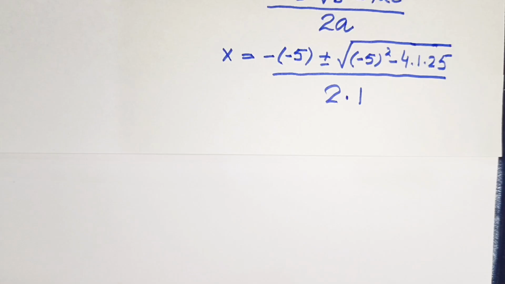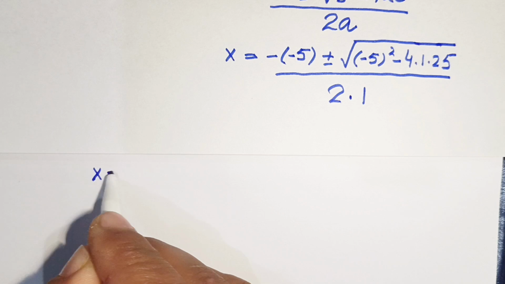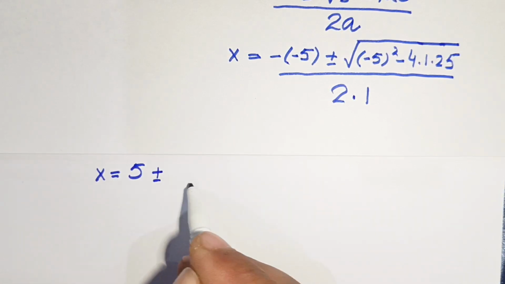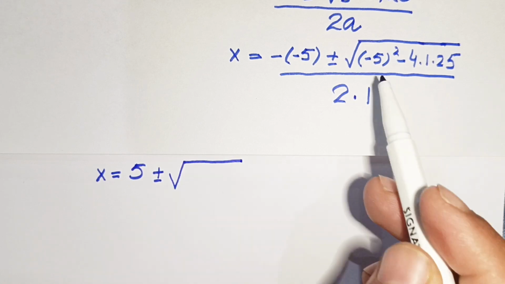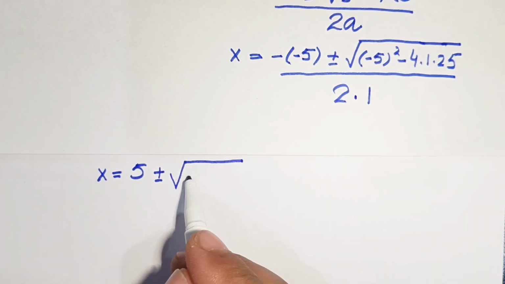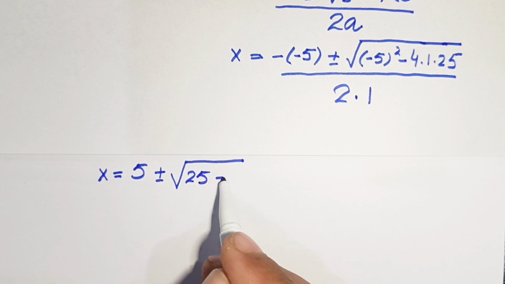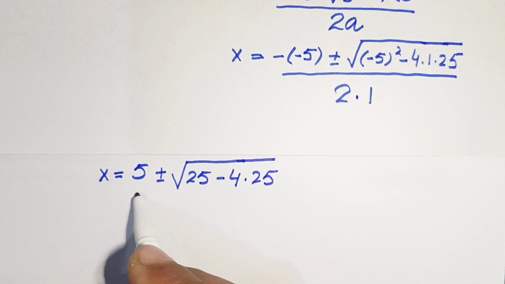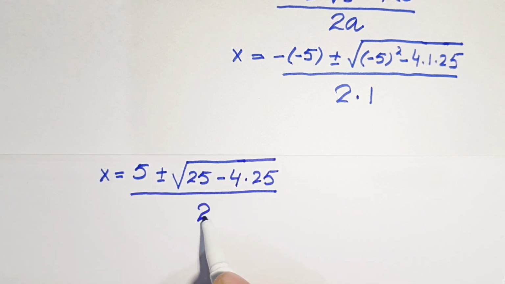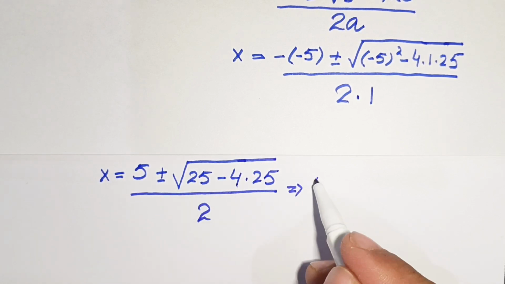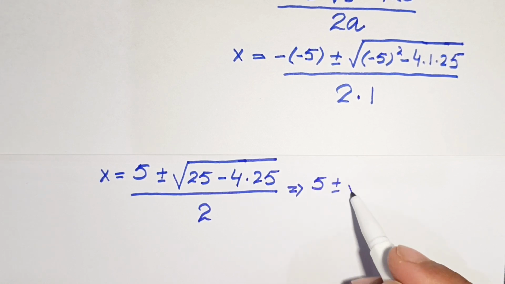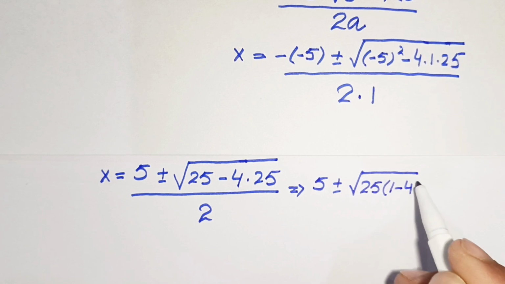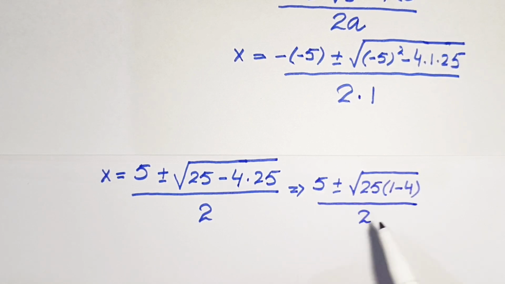Now x is equal to here minus times minus is plus, so we just put here 5 plus minus square root of this minus 5 whole squared is equal to 25, and minus 4 times 1 is 4 times 25 whole square root all over 2. Now here 5 plus minus square root, if we take 25 common here, then we have 1 minus 4 all over 2.